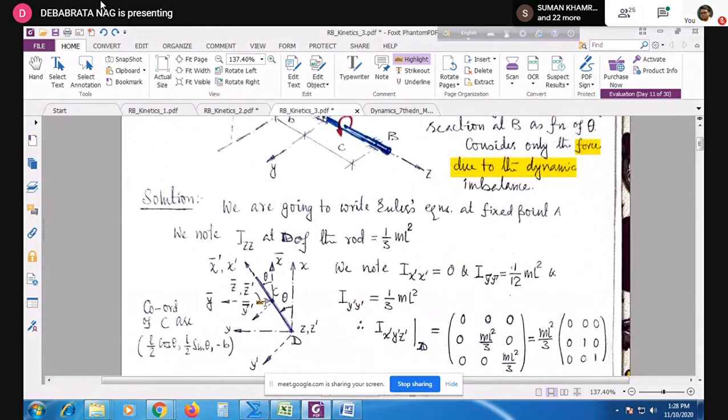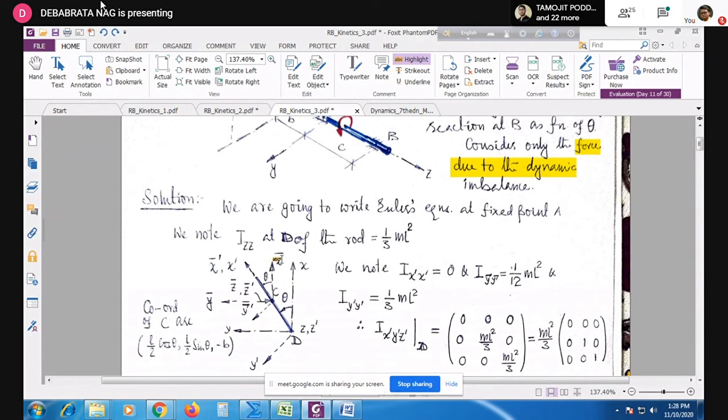So we are taking one set of axes: along the rod, perpendicular to the rod, and perpendicular to the rod coming out from the plane of the view.